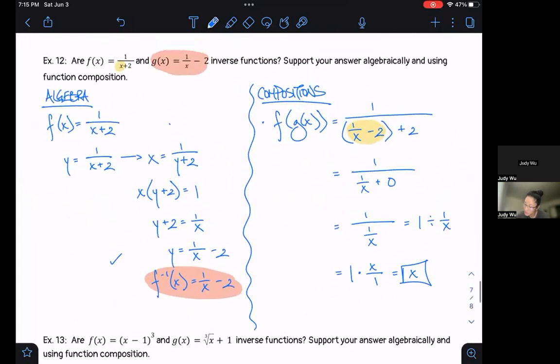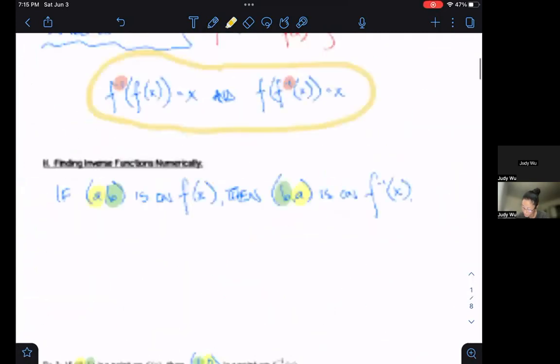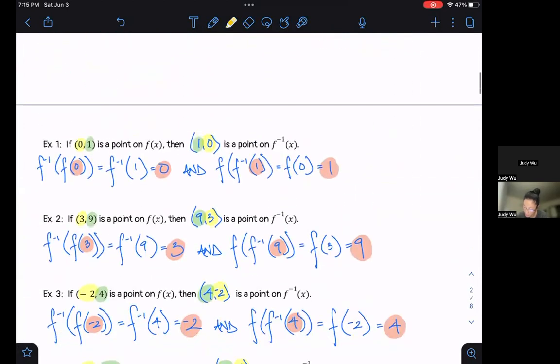Okay, so if you remember way back in part 1 of the video, and I'm going to scroll up all the way back to there, we said that if we compose our two functions, whatever we put in is whatever we get out.